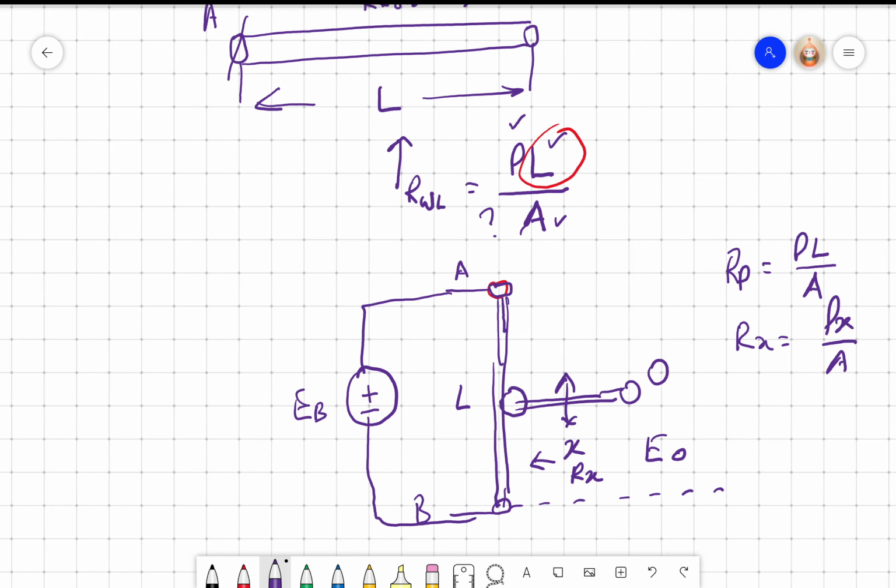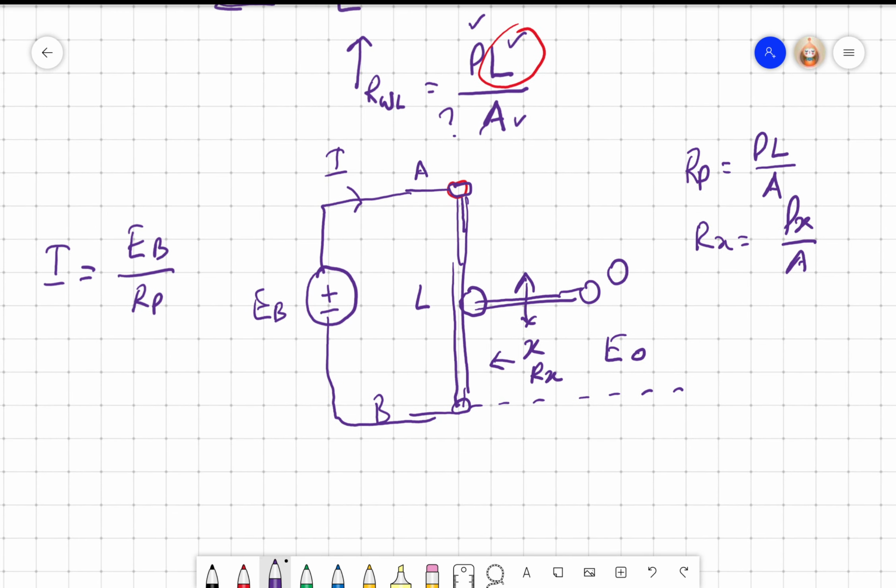So the moment I connect it, there is going to be a current I. I can write current I is equal to EB by RP, right? And so E0 is equal to Rx into I, right? The current I is flowing through it, and I have Rx across this, so the voltage drop E0 would be Rx into I.